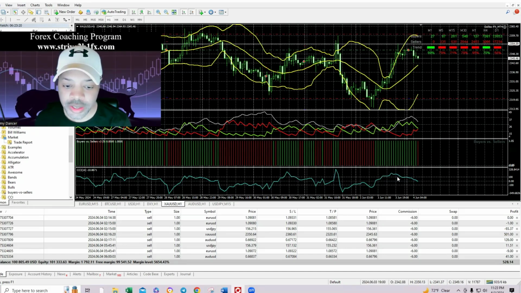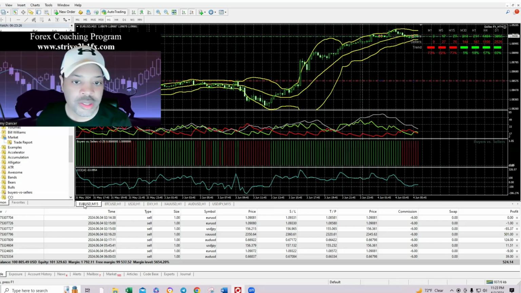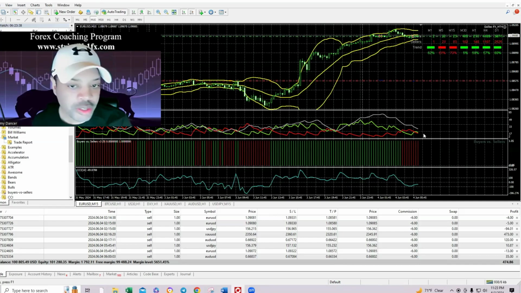The CCI, this measures momentum. This is going down. So this is making a lot of sense. And the US dollar is acting funny. This week we have NFP. So that could be another reason why the Euro US dollar might be a little shaky, but nonetheless, this one might be a little on the riskier side, just because of NFP and trading the US dollar.